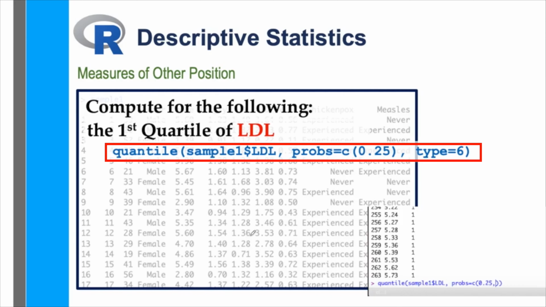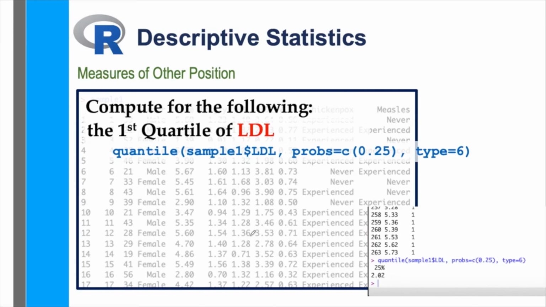Then don't forget to put type equals 6 if you want to make use of the same formula used by SPSS. That gives us 2.02 millimoles per liter.